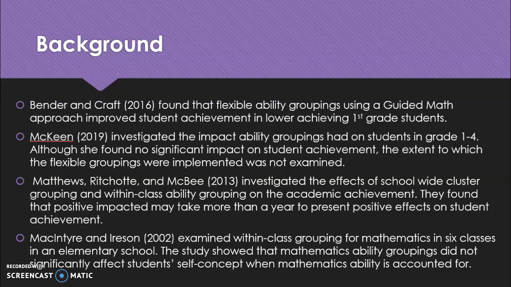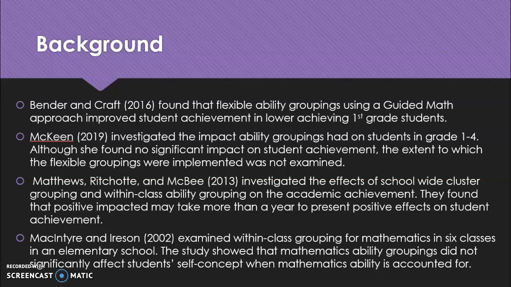The next one that I looked at was done in 2013, and they investigated the effects of school-wide cluster groupings and within class ability groupings on the academic achievement. So they kind of looked at both there, and they found that the positive impact may take more than a year to present positive effects on student achievement.